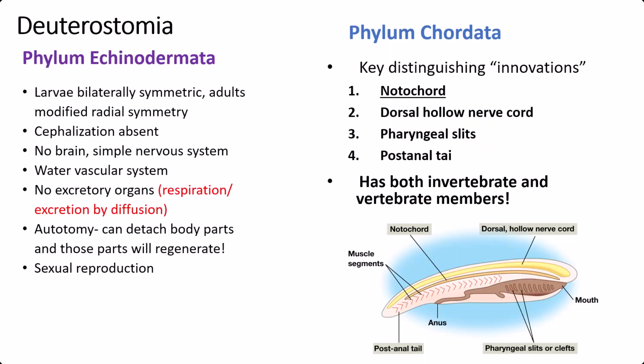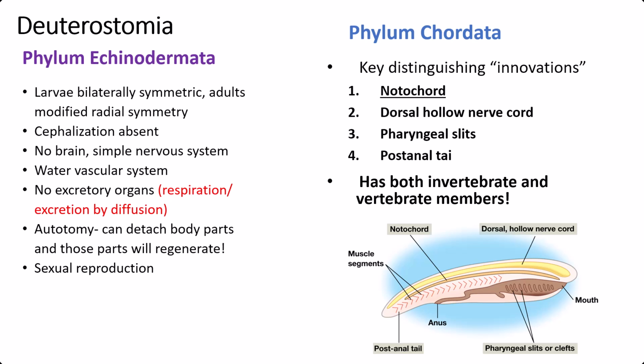So that brings us to the deuterostomes. Remember that the blastopore becomes the anus in the deuterostomes. So that includes the phylum Echinodermata and the phylum Chordata. Echinodermata are things like starfish and sea cucumbers. Their larvae are bilaterally symmetrical, but their adults have kind of a modified radial symmetry.